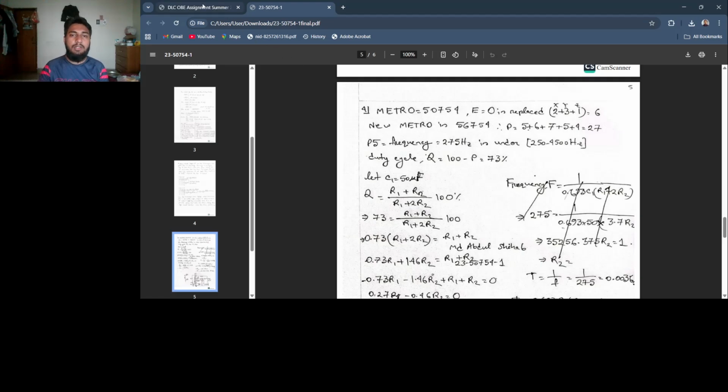My duty cycle Q% is 100 minus P, and P is my 27. 100 minus 27 is equal to 73. So, 73.